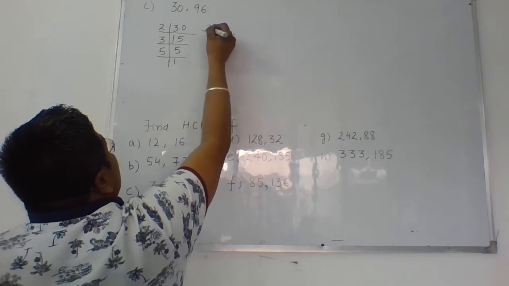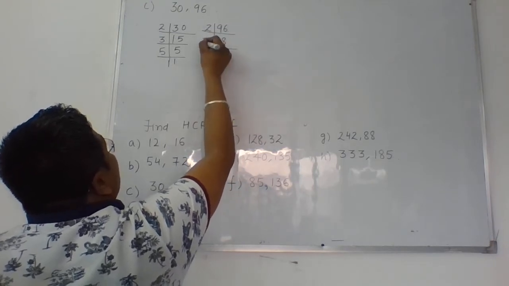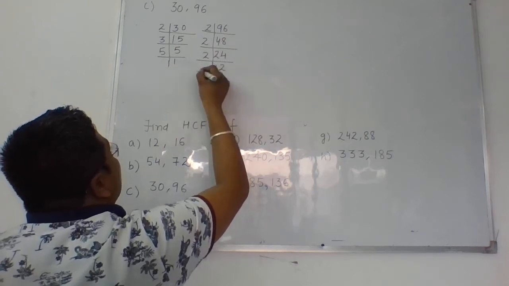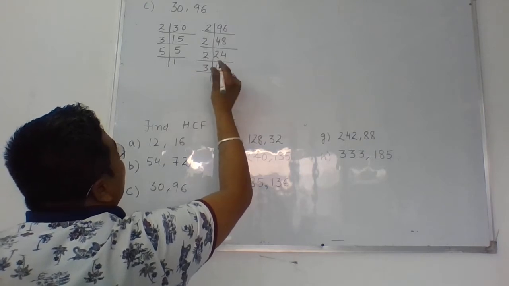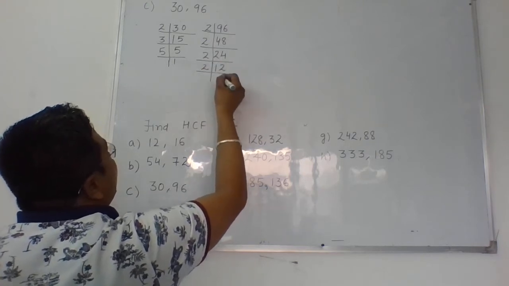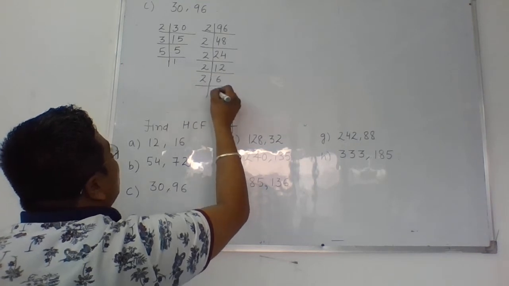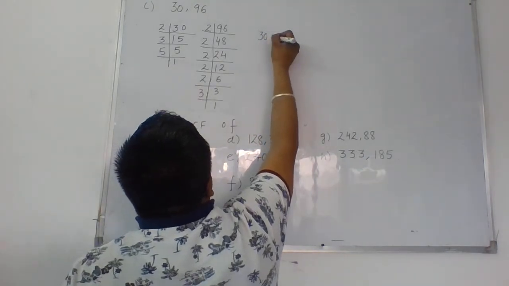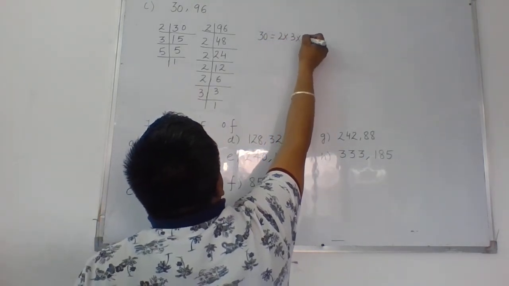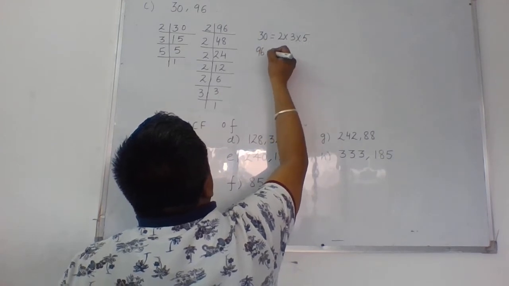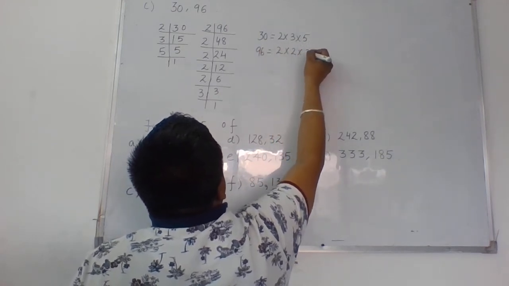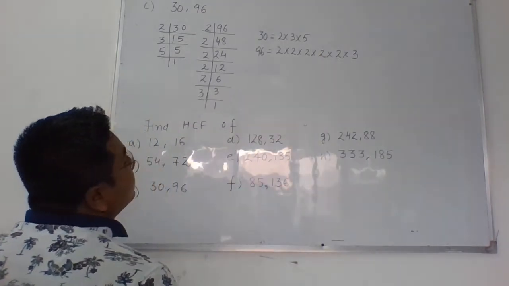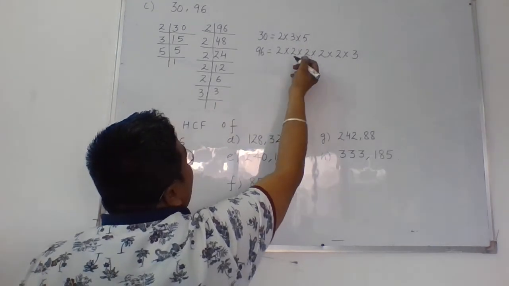For 96, dividing by 2, dividing by 2 again, dividing by 2, then again 2, then again 2 and then 3. So 30 can be written as a product of primes like this, and 96 can be written as a product of primes like this. So it has only one 2, it has five 2s.